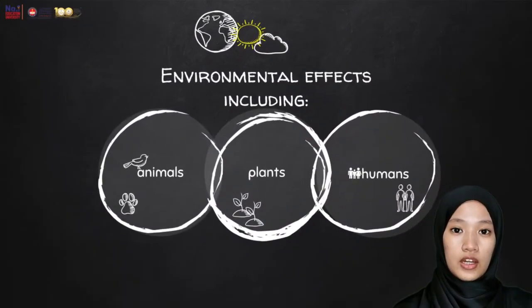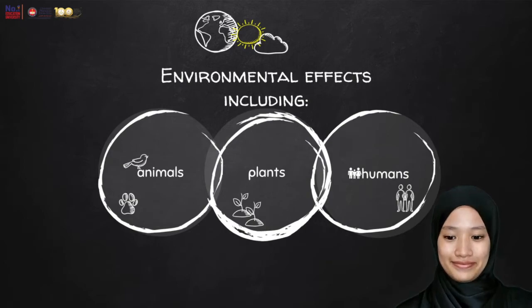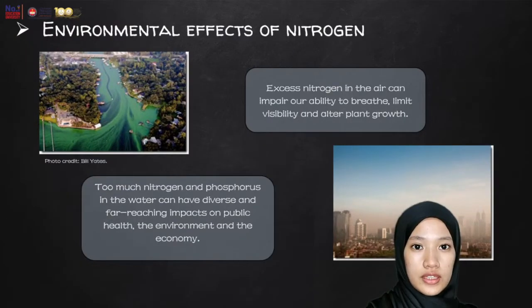Environmental effects, including on animals, plants, and humans, of group 15 elements. Humans have radically changed natural supplies of nitrates and nitrites. The main cause of the addition of nitrates and nitrites is the extensive use of fertilizer.